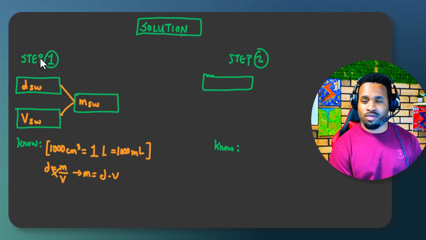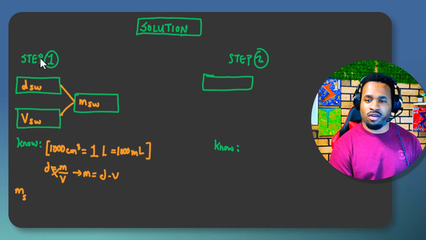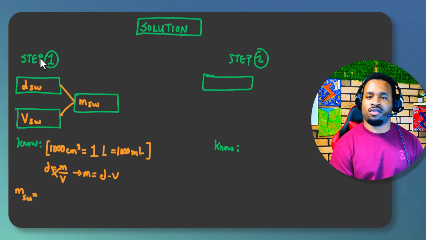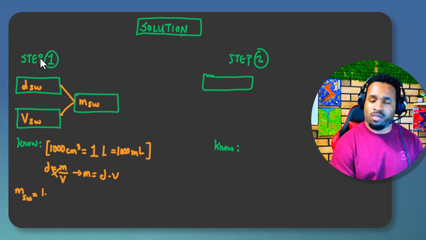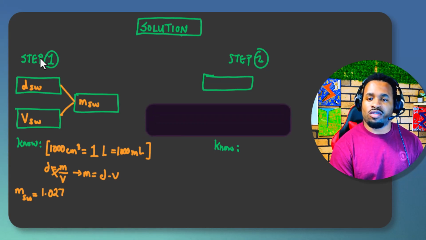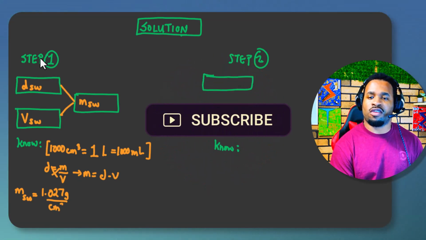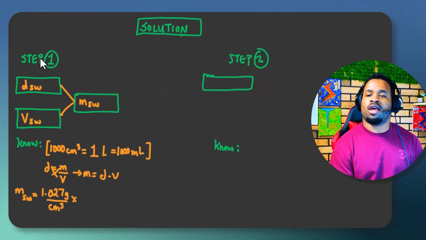To accomplish this, we need to determine the mass of the seawater. What we have is our density first, which is in this case 1.027 grams per centimeter cube.